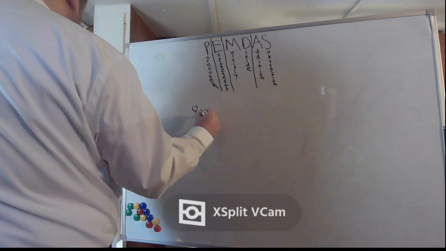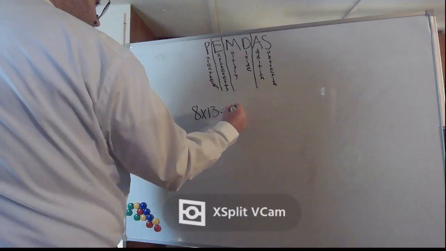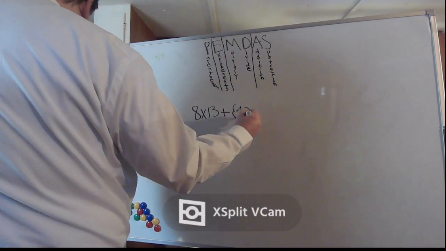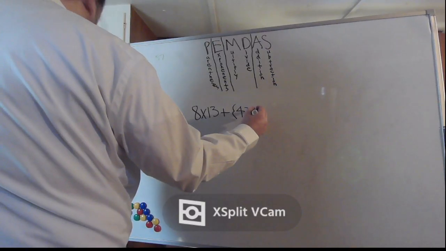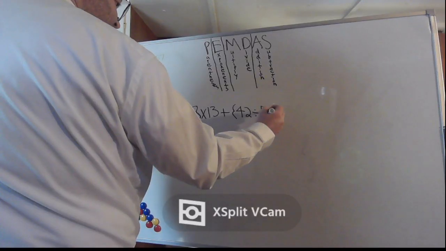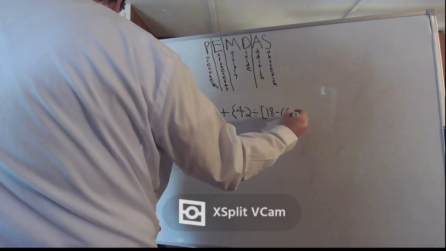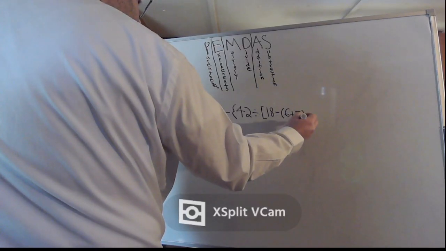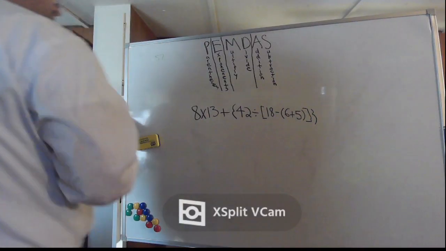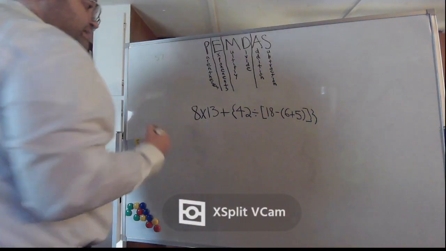You have 8 times 13 plus, we're going to have what's called nested parentheses in this one. 42, in these brackets you have 42 divided by, and even more brackets, 18 minus, in parentheses, 6 plus 5. So how would you solve something like that?